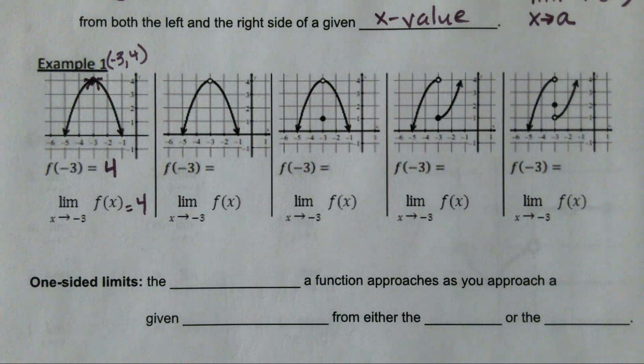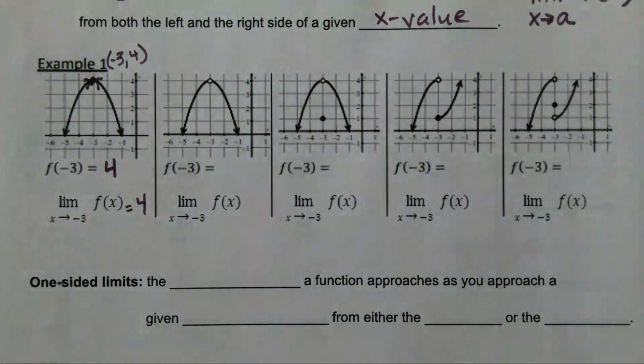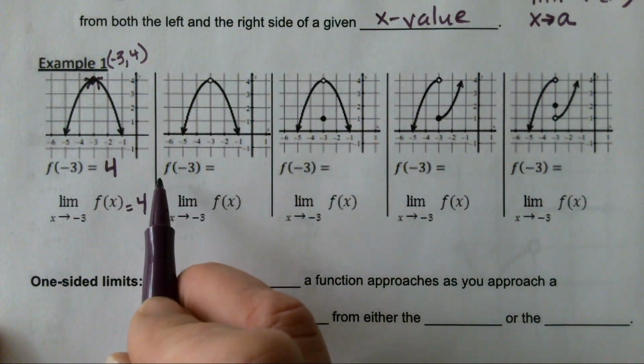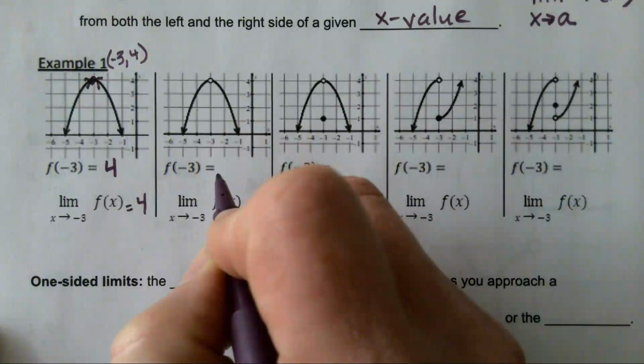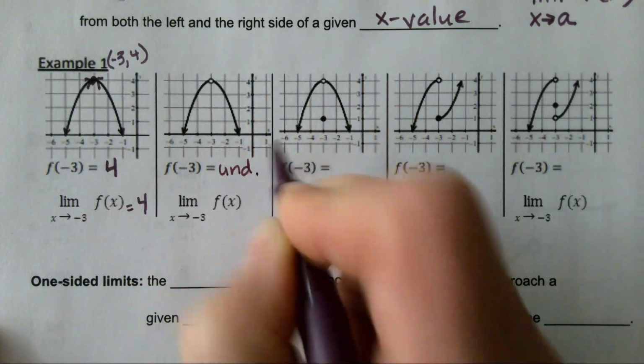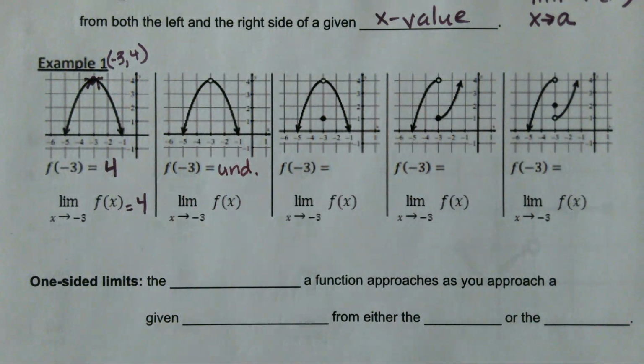So the second one in that example is a little bit different. It looks like the same thing, except they removed the actual value. So when I talk about what the value is, it is undefined at that location. There's a hole. It doesn't exist.